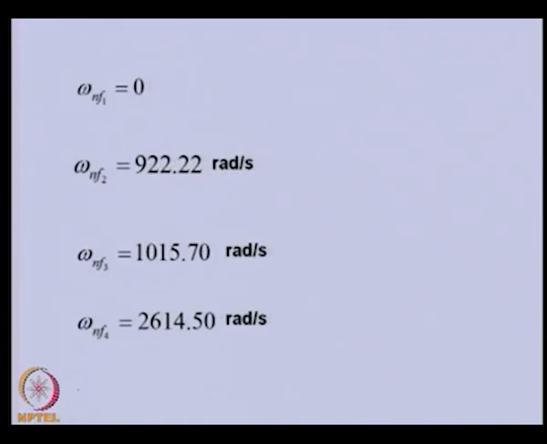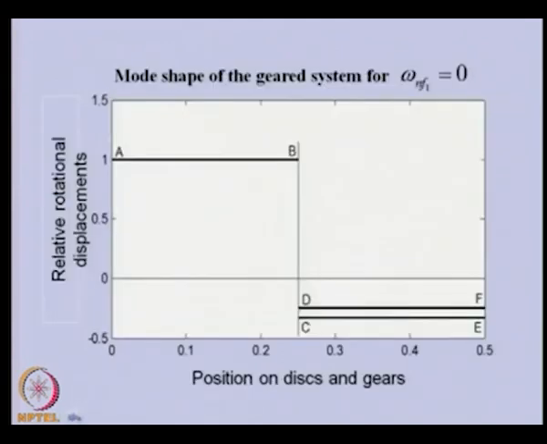And if we solve the eigenvalue problem, we will get 4 natural frequencies. One of them is 0 because these free end conditions are there. So we expect one rigid body mode, but the others are flexible modes. We can even obtain the eigenvectors, and we have drawn this.